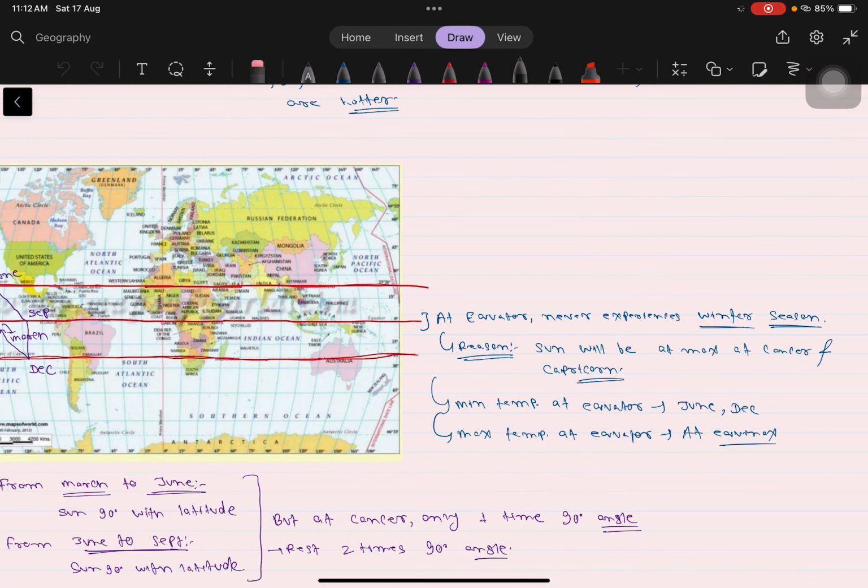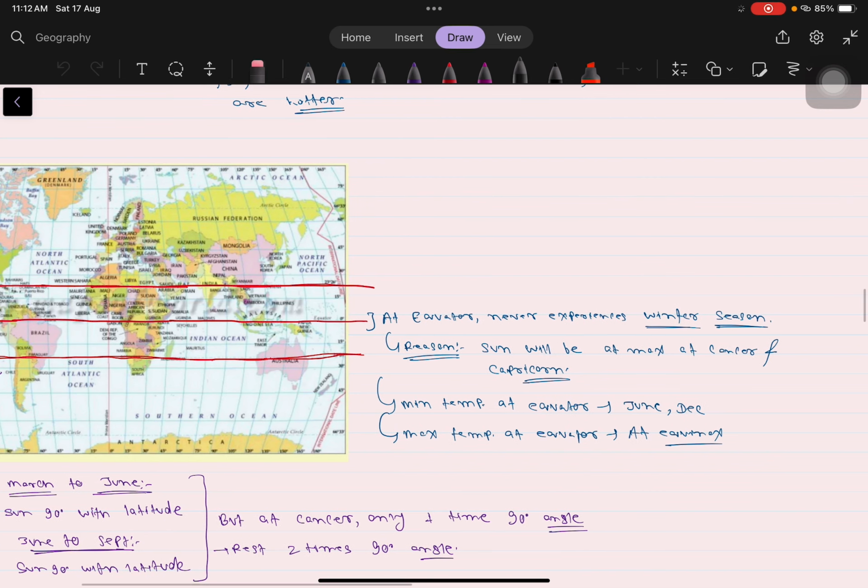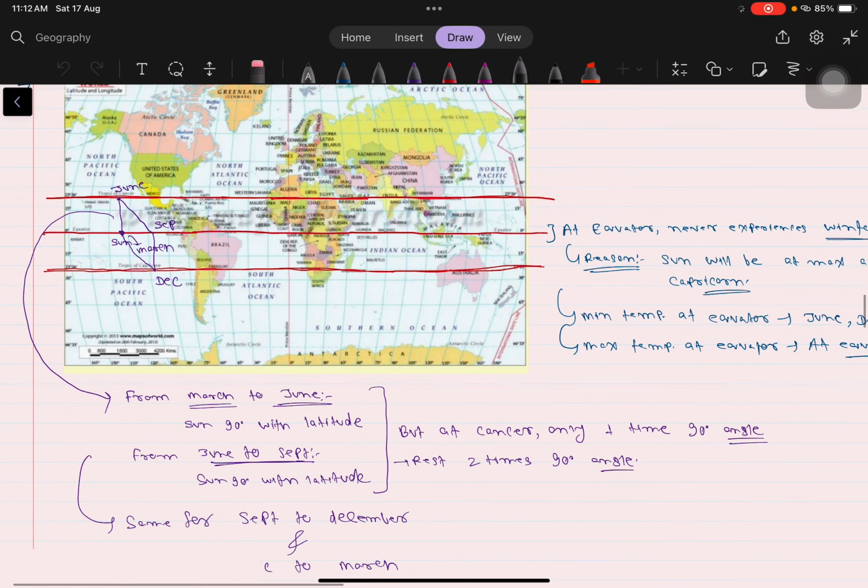One point is that the equator never experiences the winter season because there is always direct sunlight here. The sun is at maximum at Cancer and Capricorn, so the minimum temperature at the equator will be when the sun is at the Tropic of Cancer or Tropic of Capricorn, and the maximum temperature when the sun is at the equinox, that is at the equator point.